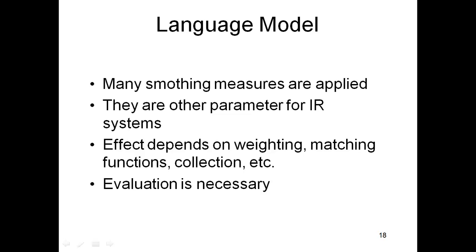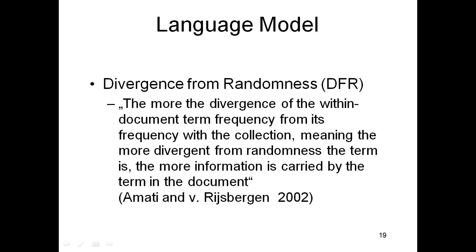So lots of complicated parameters that make up one real IR system as it works and calculates similarities and gives hits back. And we don't know why these hits come back. It's too complicated. And the only thing we can do is evaluation. That's why, not next session, but the session afterwards, we'll talk about the importance of evaluation in IR and how this can be done and what are the problems associated with this.